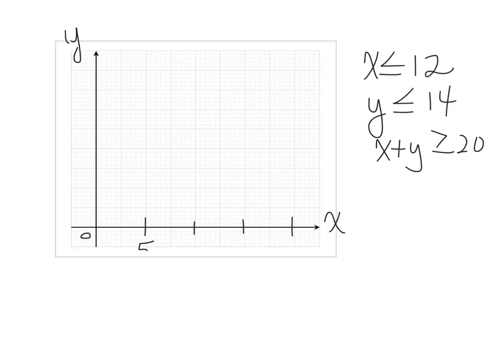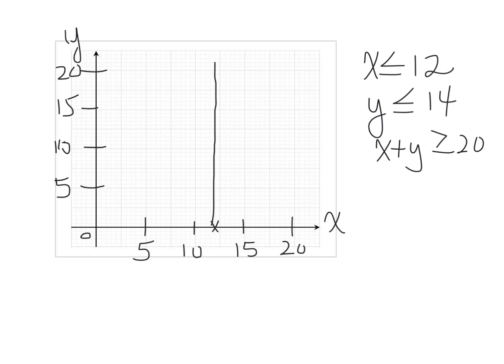So we would have 5, 10, 15, 20. Remember, we're dividing up the spaces equally. So 5, 10, 15, and 20, let's say. And again, x equals 12 is a vertical line stemming from 12 and 0. So 12 about here, I guess. So we're going to draw a straight line up.